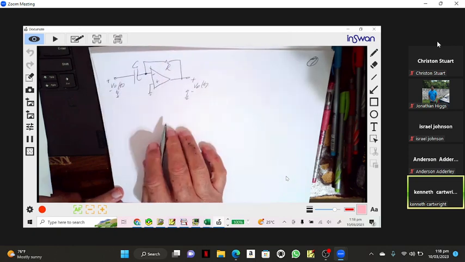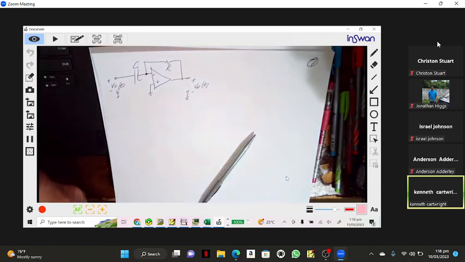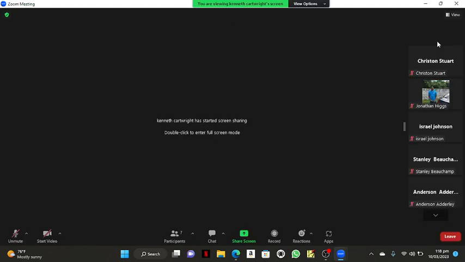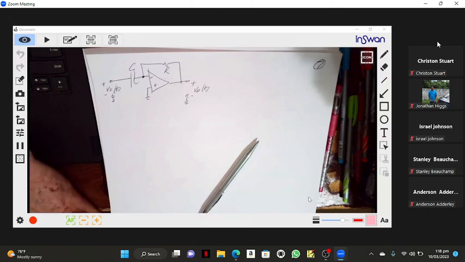What circuit is this? What circuit is that?